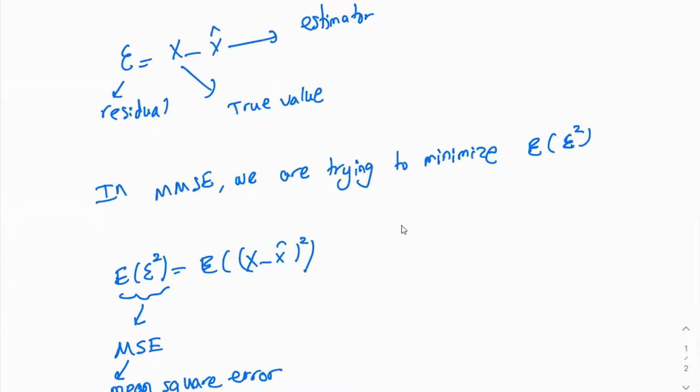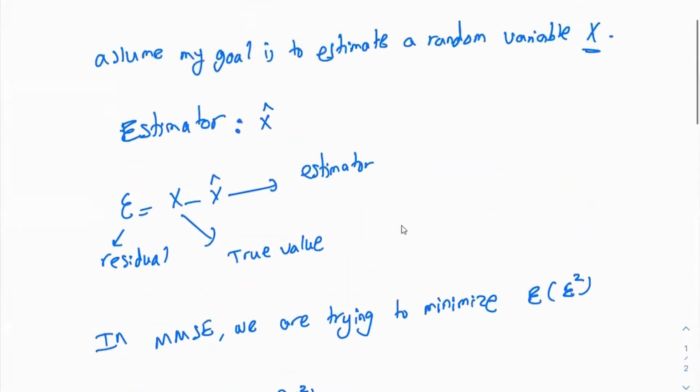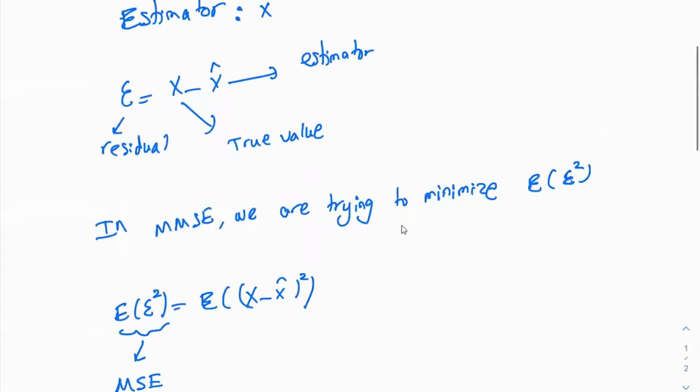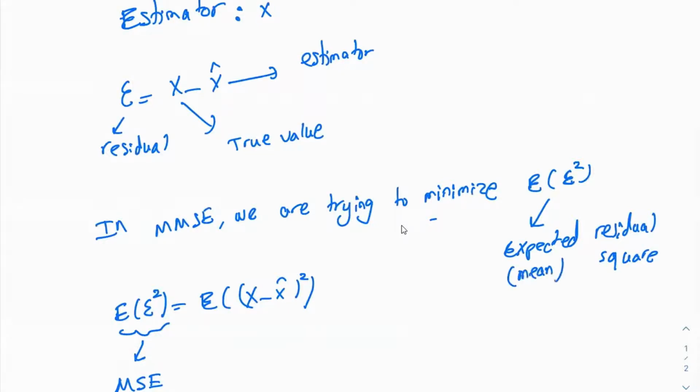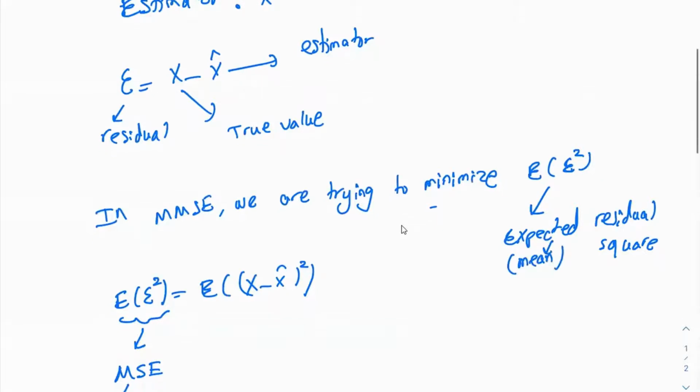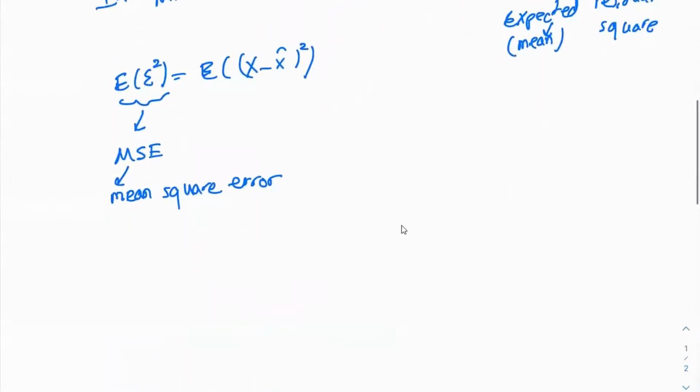This is residual or error, whichever you want to call it. So we are trying to minimize the expected residual square. Expected means mean. Okay, great.